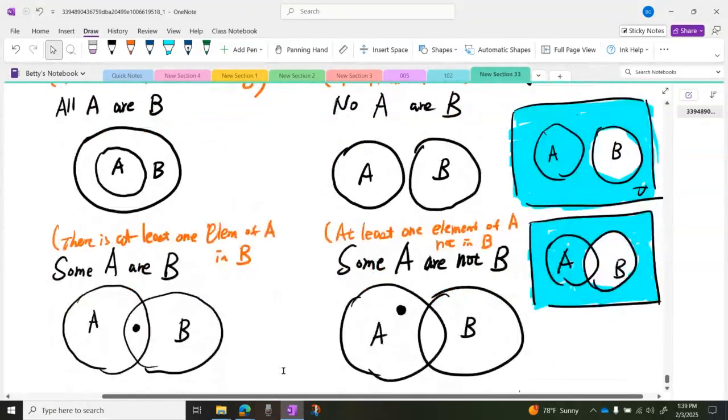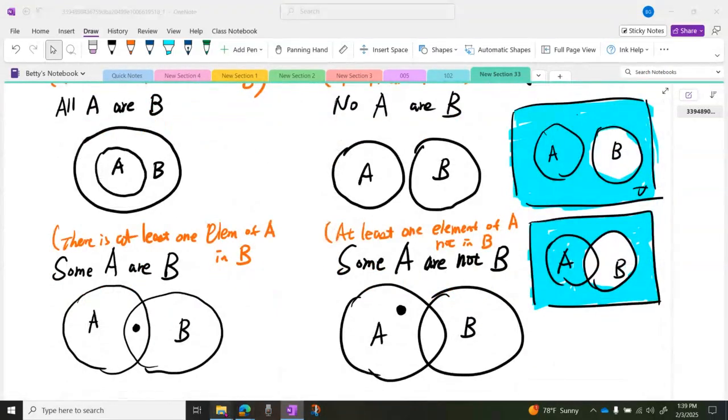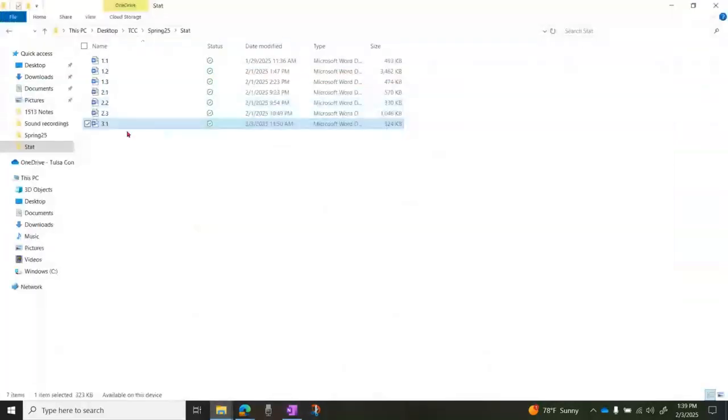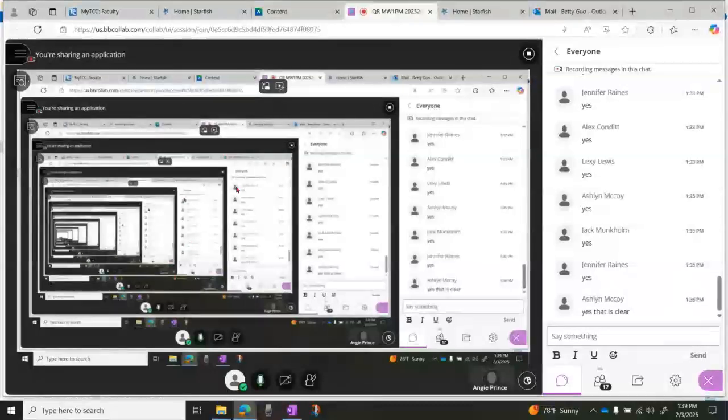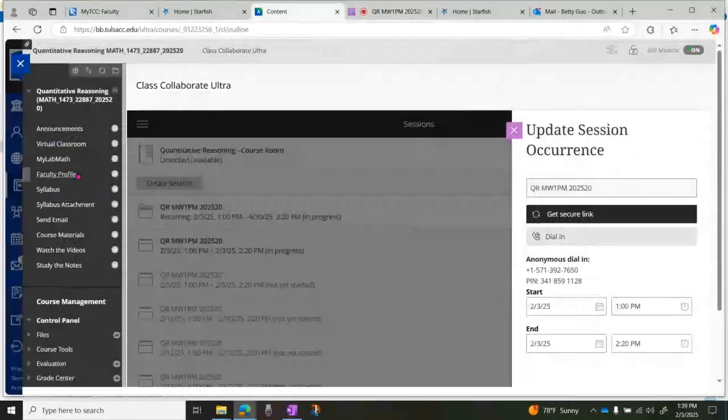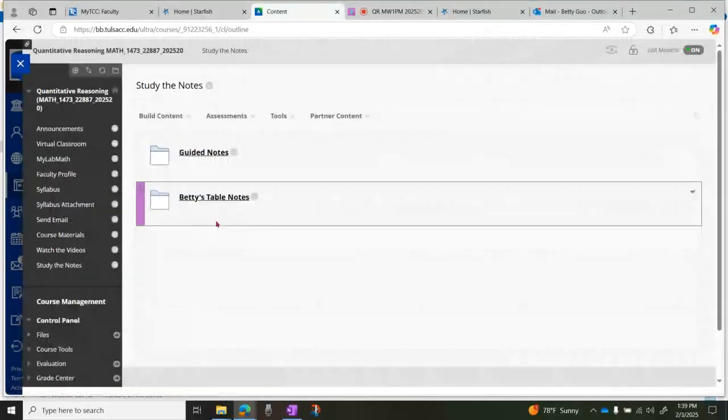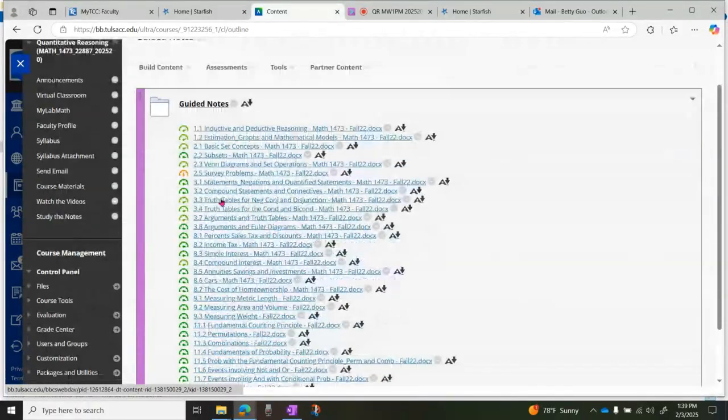Okay, so let's look at a table. Let me see, do I have the guided notes downloaded? If not, let's download the notes from our course shell. Study the notes. We start chapter 3 right now.